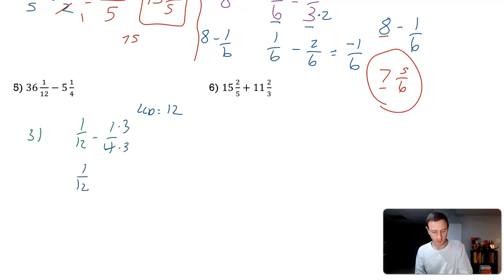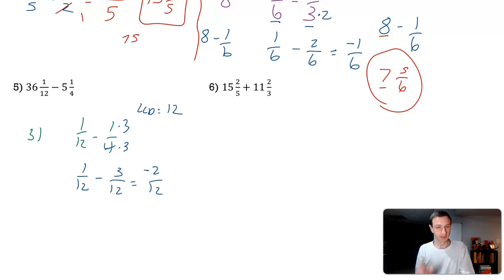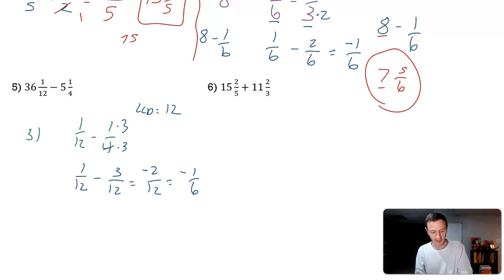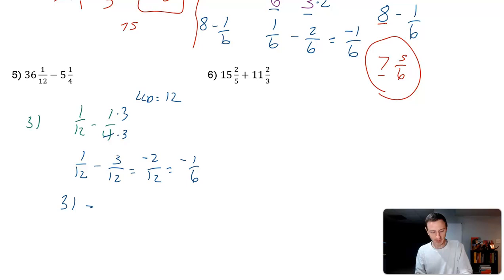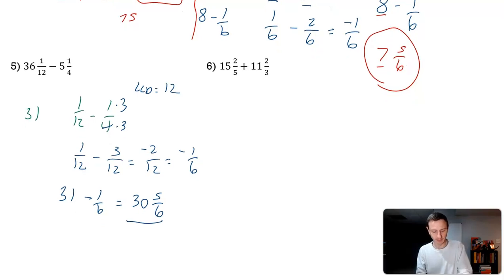So 1 over 12 minus 3 over 12. 1 minus 3 is negative 2 over 12. Simplify. So that's going to be negative 1/6. Again, same fraction again. So we're at 31 minus a 6th. That's going to be 30 and 5/6, because I'm taking away a 6th. And I'm not going to go through the whole explanation again.